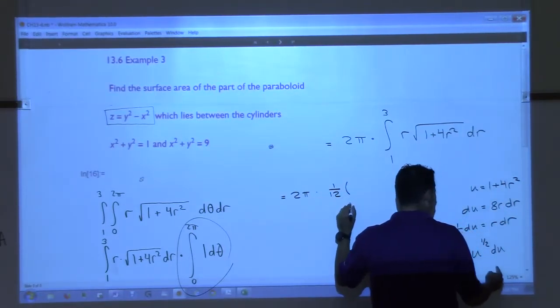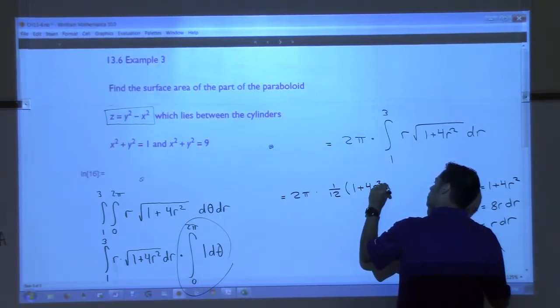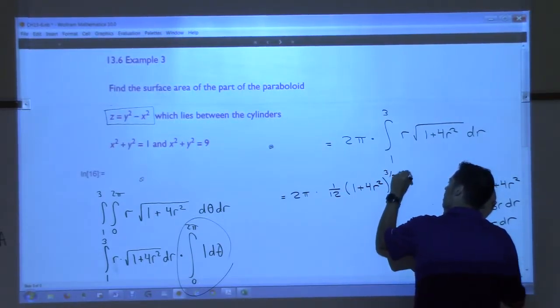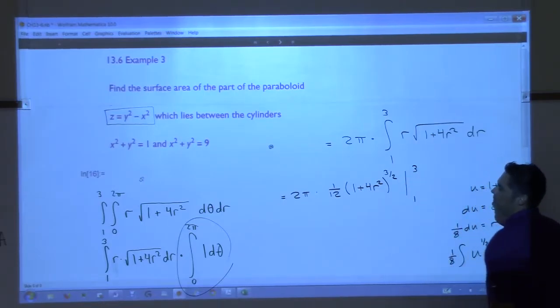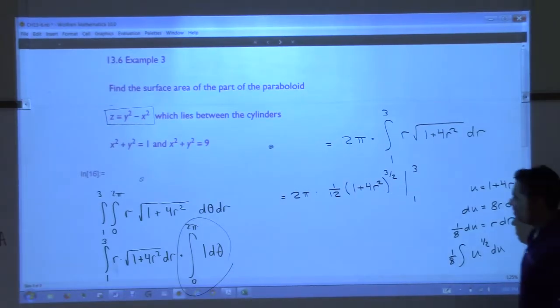And then u to the 3 halves, but u is 1 plus 4r squared to the 3 halves, evaluated from 1 to 3. So you plug in 3, you plug in 1, subtract, you get the answer. I'll stop there. I don't feel like plugging those in.